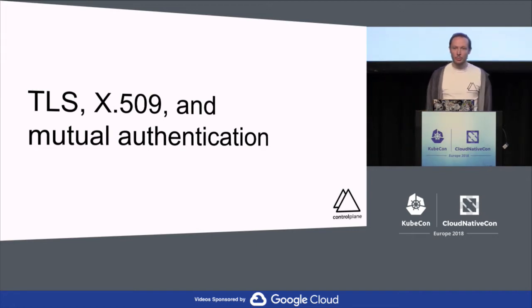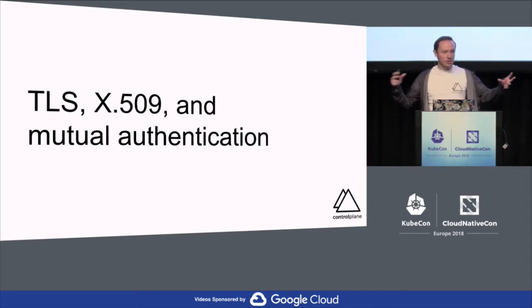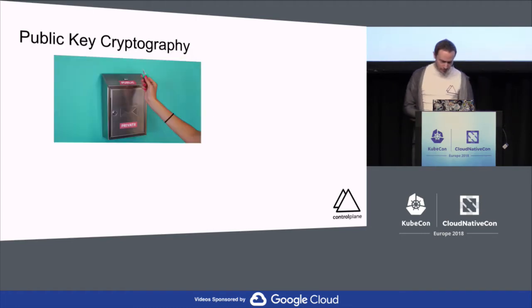X.509 is the transport mechanism that we pass these around by, and we've also got mutual authentication. So we have a question now about how we bootstrap this authentication process, how we establish new encryption keys across a network that we don't trust, because initially we're bootstrapping the encryption. We're not already encrypted.